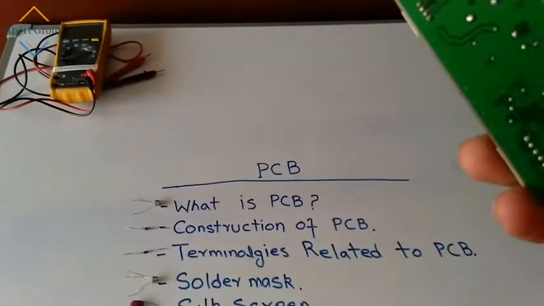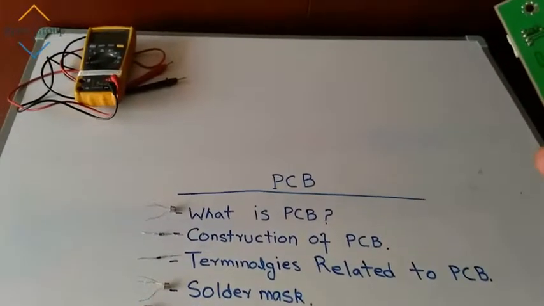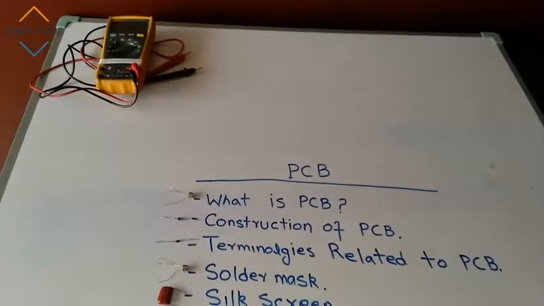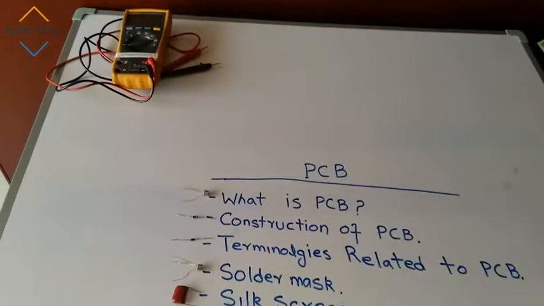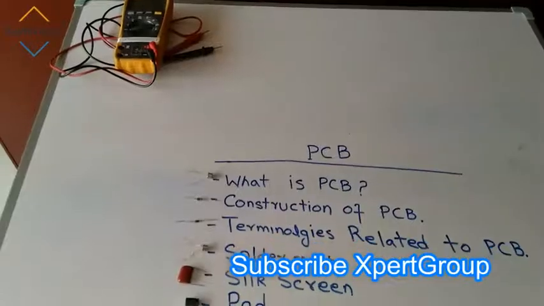For this we use an insulated material, that is glass fiber, and on the glass fiber we reinforce the copper foil, and later on this copper foil is traced out.